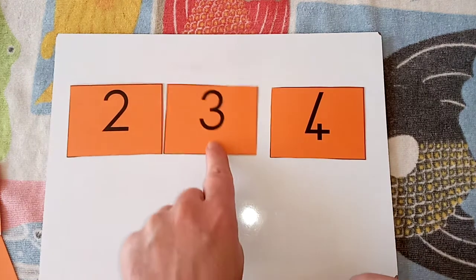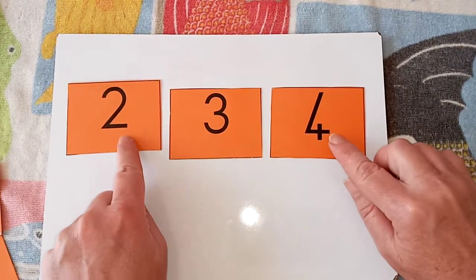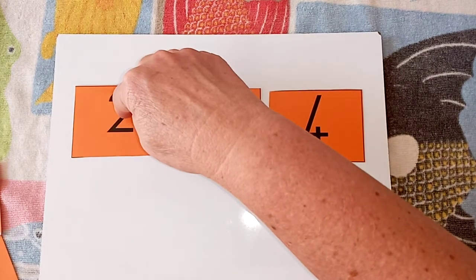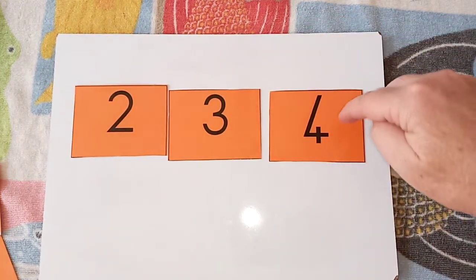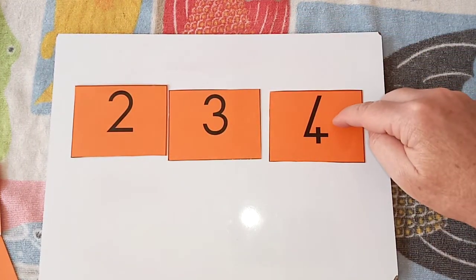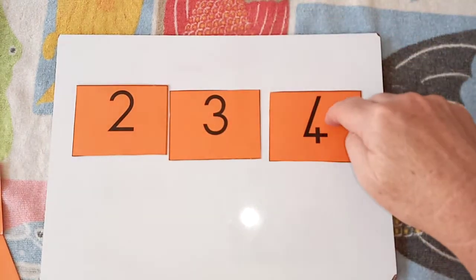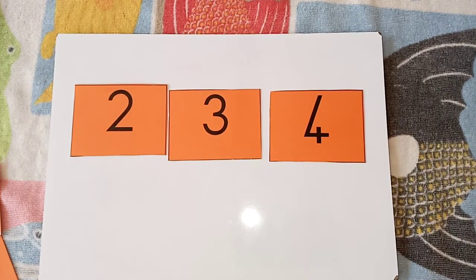This one's in between those two. He's in the middle. Right. So before 3 is 2. After 3 is 4. Right. Well done, boys and girls. Remember your before, after, and in between, and then we'll look at number orders from tomorrow.